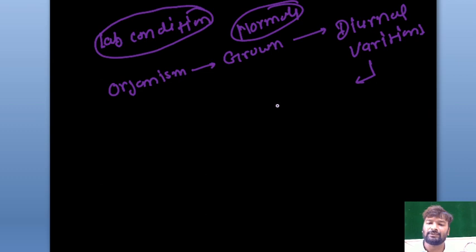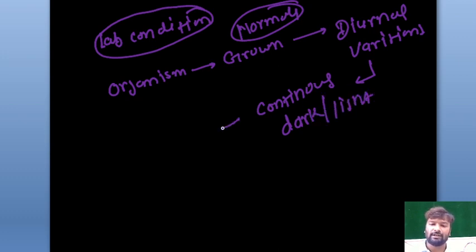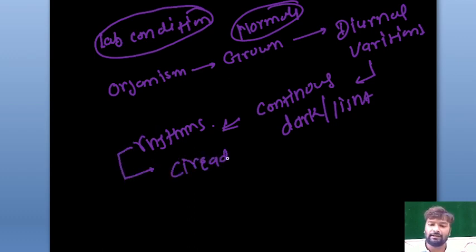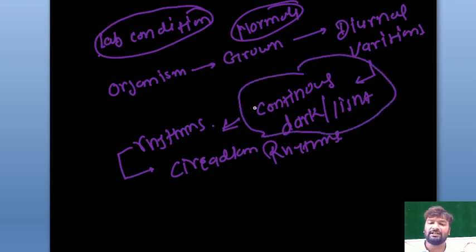But when they are transferred into continuous dark or light situations, they also maintain their rhythms. This is known as circadian rhythms. Means even in changed conditions, they maintain their rhythms.